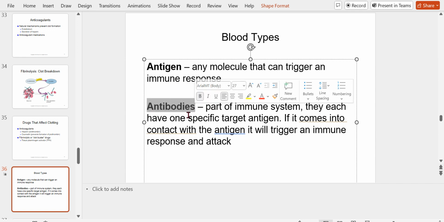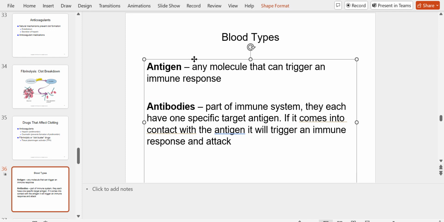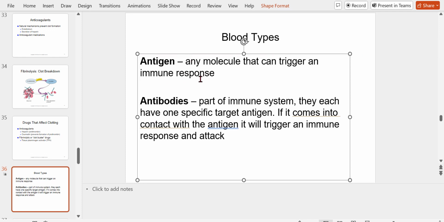Antibodies, though, are naturally produced in our body and are part of the immune system. And they each have one specific target antigen. So you think about all the different antigens out there, we have all of these antibodies that are watching, waiting for one of these antigens to enter, and when it does, the alarm bells are sent off, and these antibodies go and take it down.